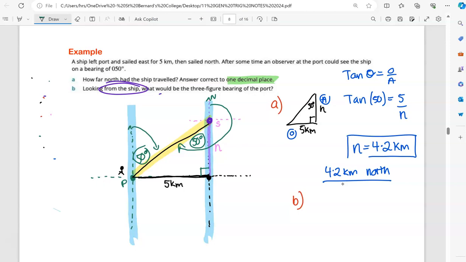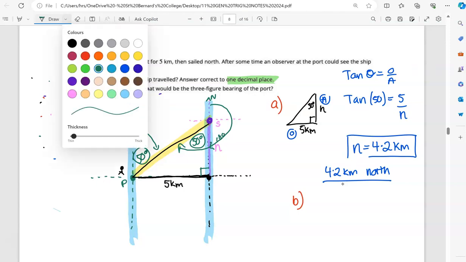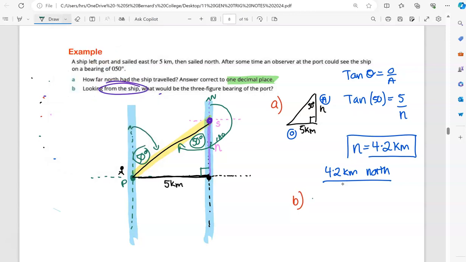So why is it 230? Because it's 90, then 180, then you add another 50. So 180 plus the 50. The true bearing is the 180 degrees plus that extra 50, so we get 230 degrees true. Okay, so that's the most you're going to get this year.